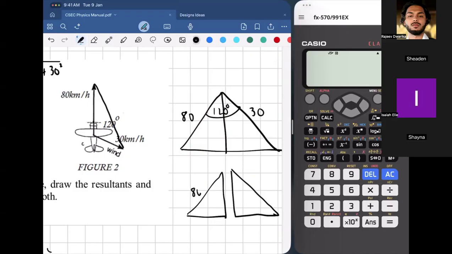Now, this would be 80, this would be 30, and you would need to figure out how this was split. So you'd have angles there, and you need to figure out how it was split. Now, I'm not gonna go through the whole proof, but what you would end up doing is using your trig ratios.